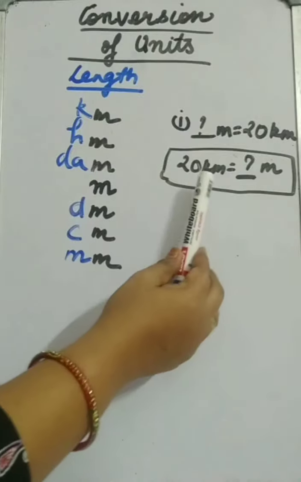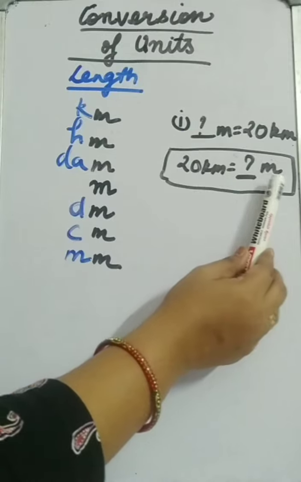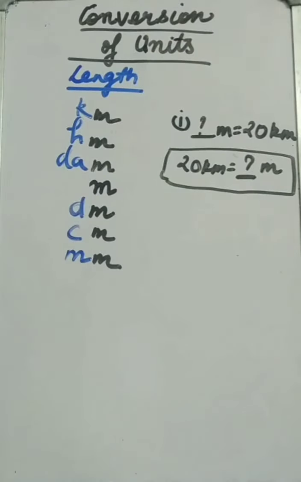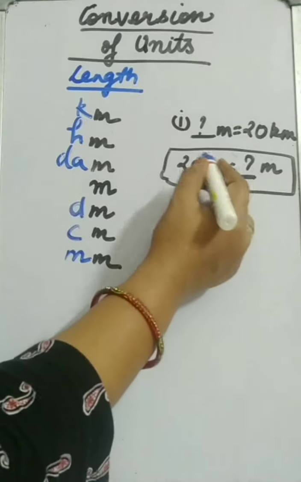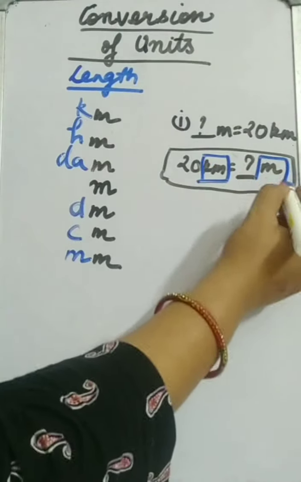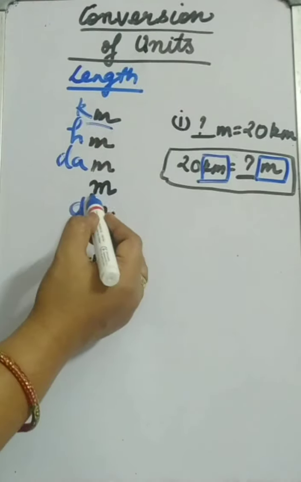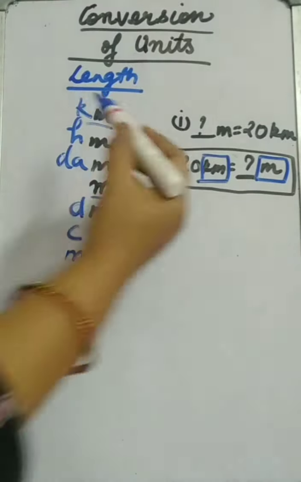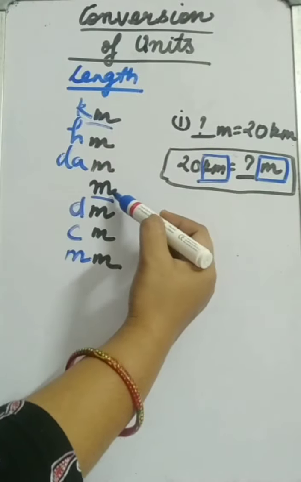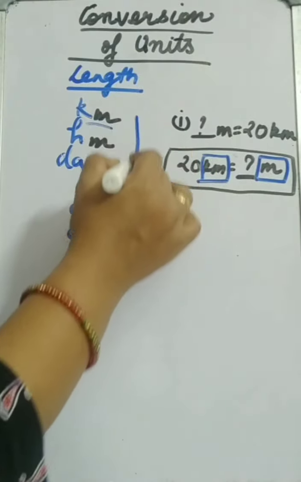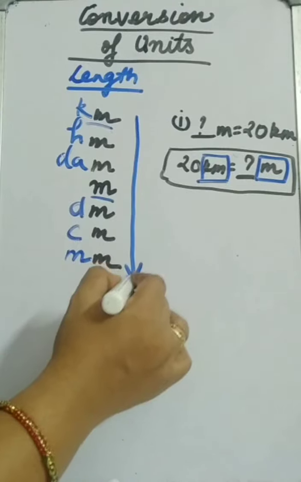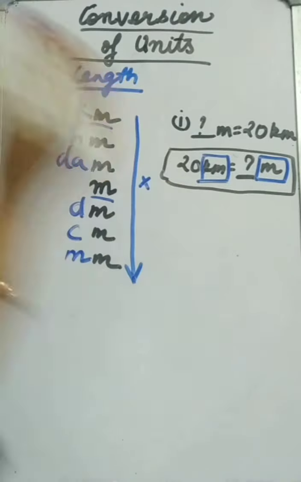If I want to convert from kilometer to meter, always keep this table in mind in this same sequence. Here I have to go from kilometer to meter. So where is kilometer? Here. Here is meter. Remember, whenever you have to go down, you will always multiply.